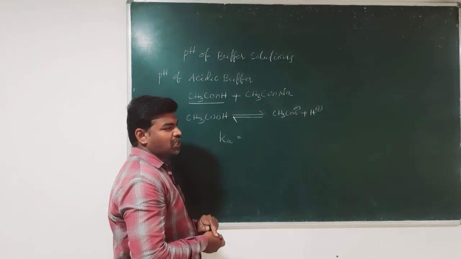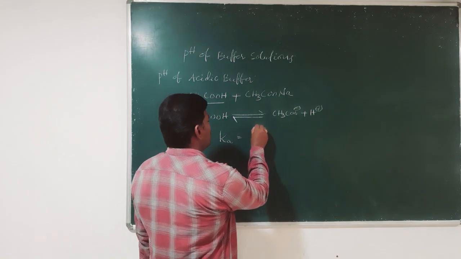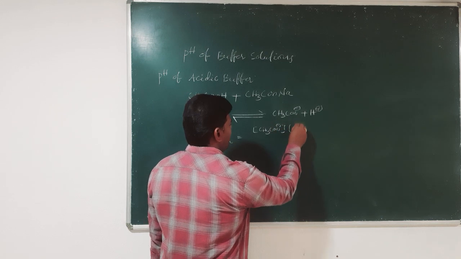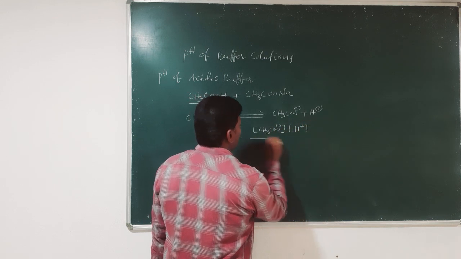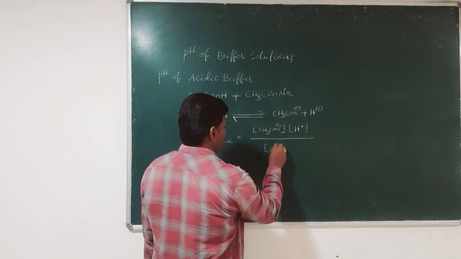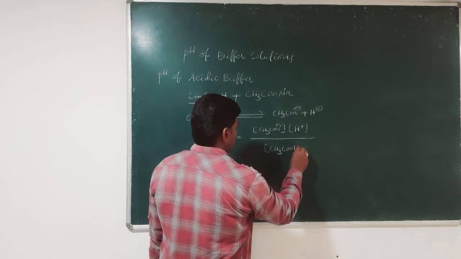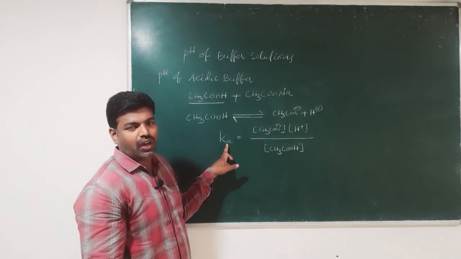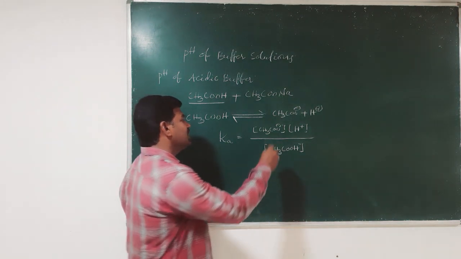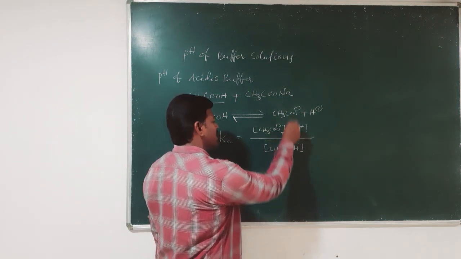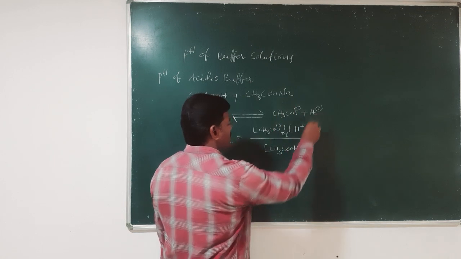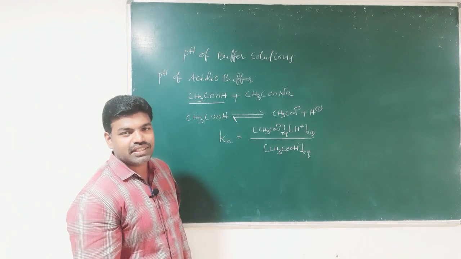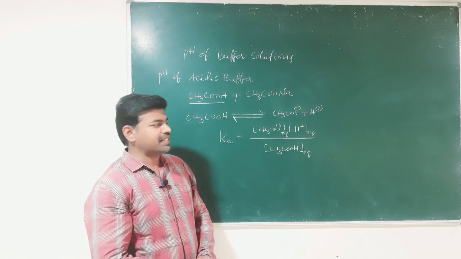So the acid dissociation constant is the concentration of products by the concentration of reactants. This is the equilibrium constant or acid ionization constant, and these concentrations are necessarily equilibrium concentrations.